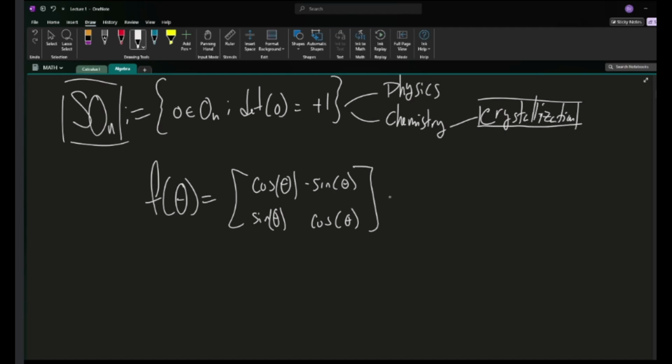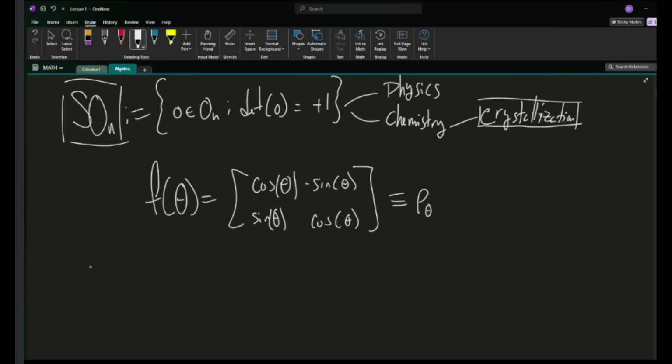Which is basically the same as saying rho of theta. It's our rotation across an angle theta.